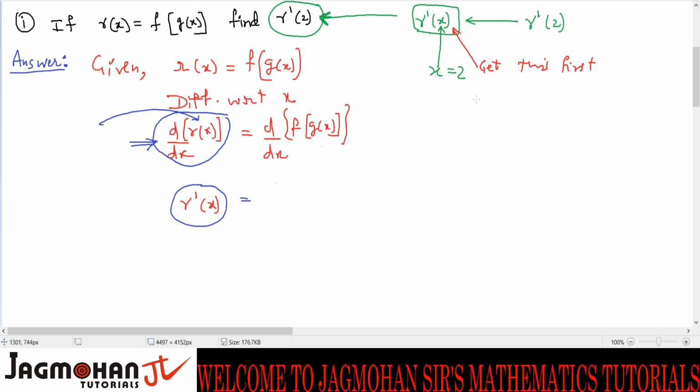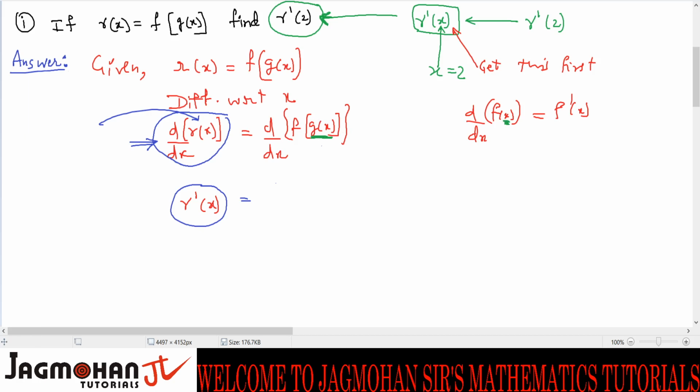Okay, students, if I have d by dx of f of x, I would definitely write f dash x. So what's the difference between f of x and f of g of x? The difference is exactly what the difference was when we differentiated a composite function.